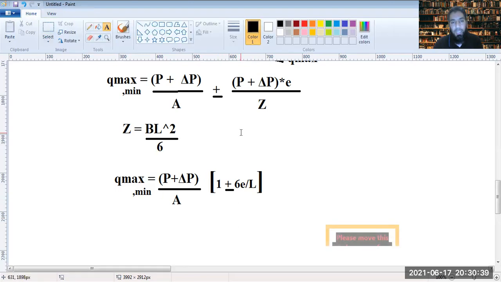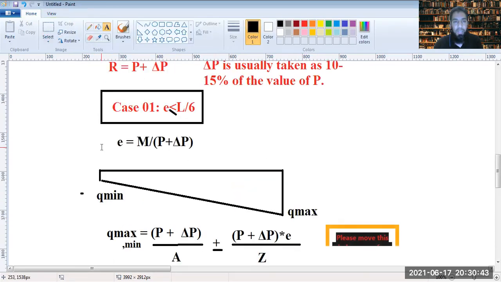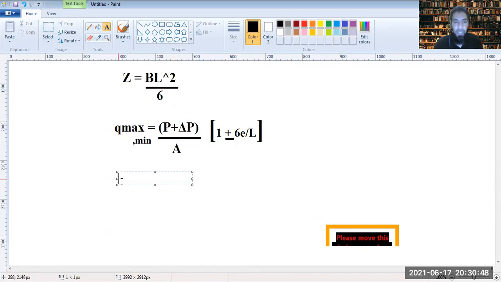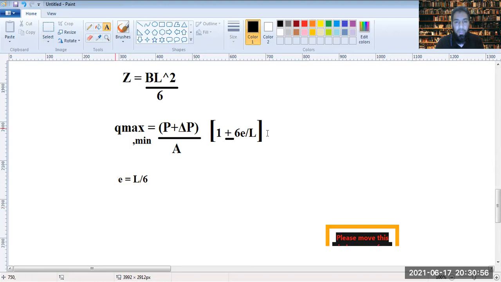Now, this is important. Our condition is that E is less than or equal to L by 6. For example, first of all, E is equal to L by 6. In that case, 6E by L would be 1.